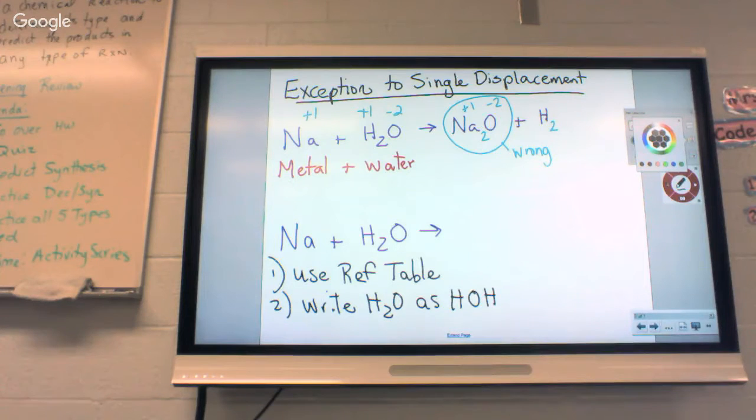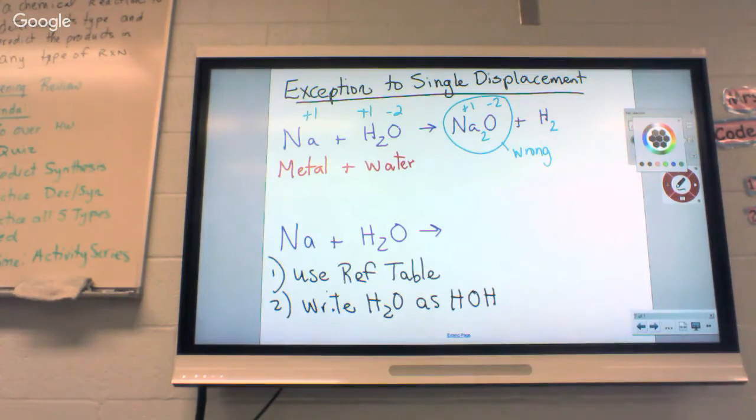So if you like the reference table, find the single displacement on the reference table. Find the one that says metal plus water. Where it says single displacement. All right, found the one that says metal plus water. Which letter is metal plus water on your single displacement?